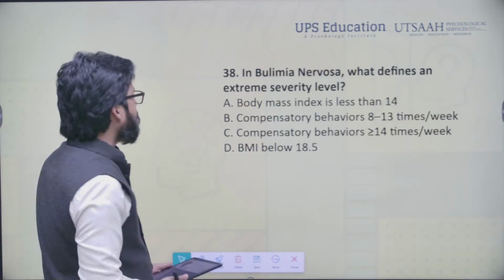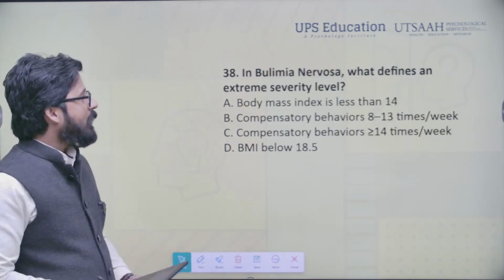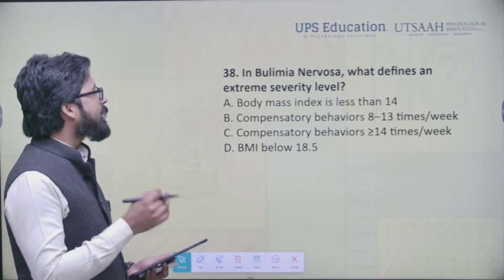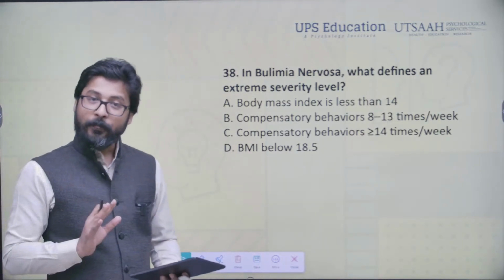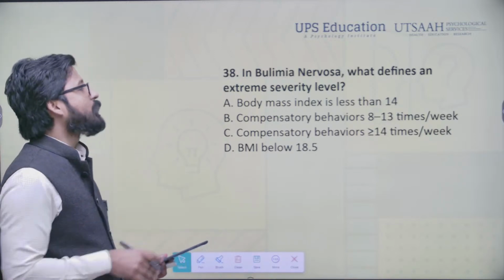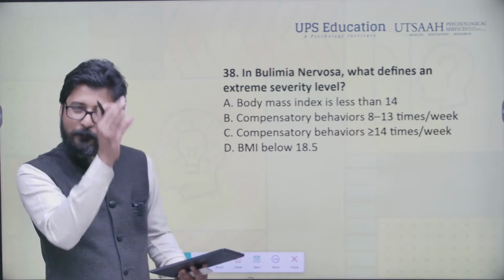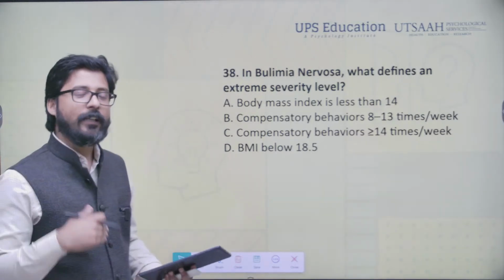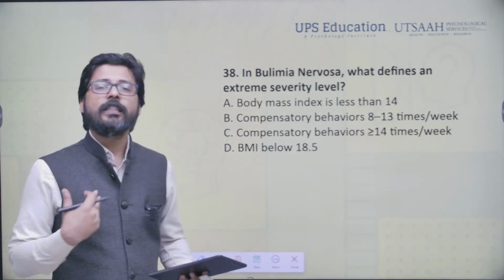Question number 38. In bulimia nervosa, what defines an extreme severity level? Again, as we talked about in anorexia nervosa, here in bulimia nervosa as well, there are a few specific criteria, and on the basis of that we can understand the severity level.